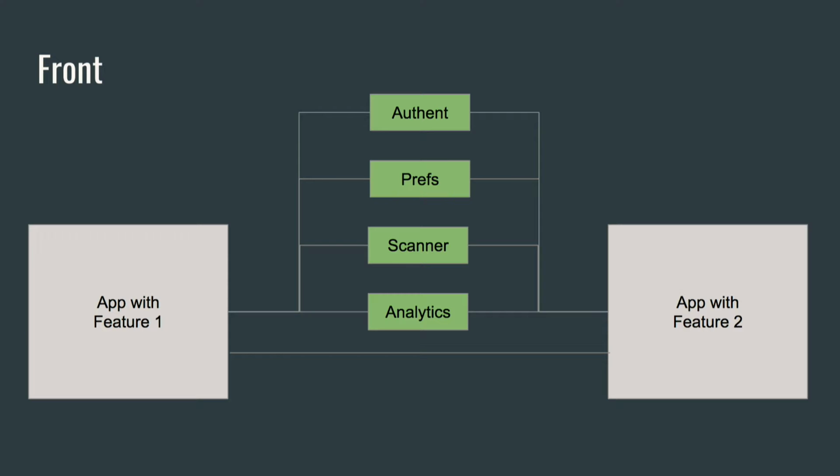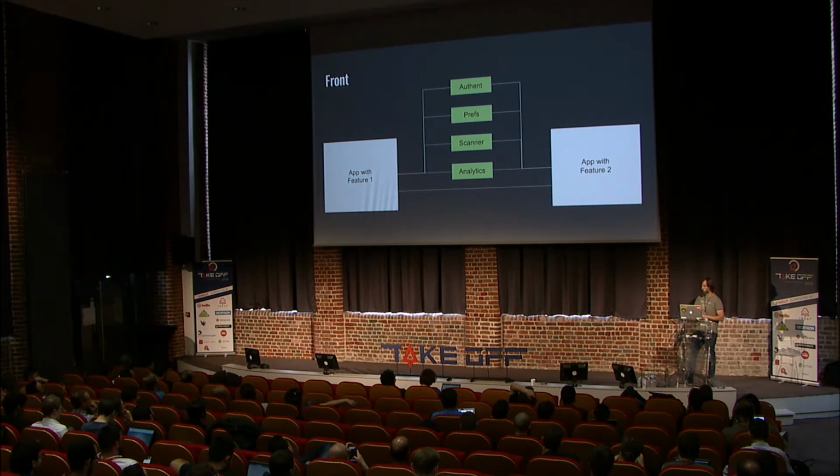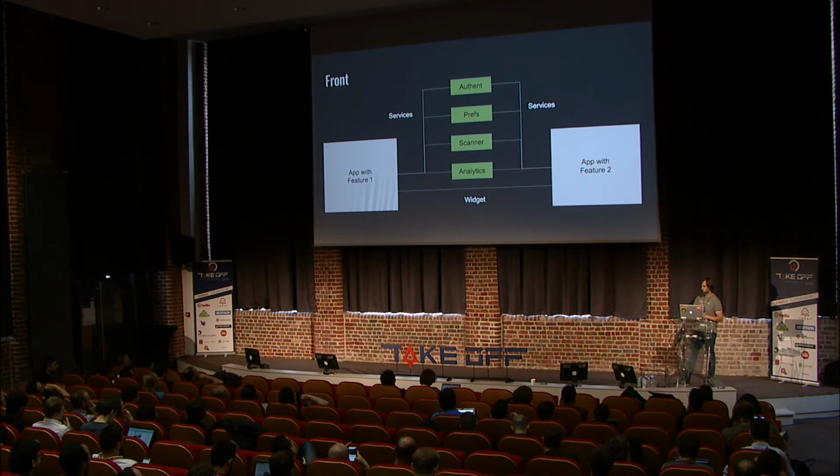And we made some applications for authentication, preferences, scanner, analytics, and stuff like that. And how are we communicating between our applications and between those services? For the services, we are using Android services, and between the applications, we are using widgets.